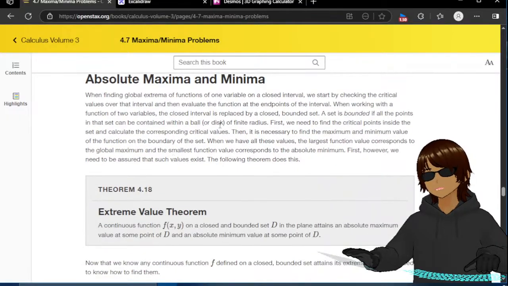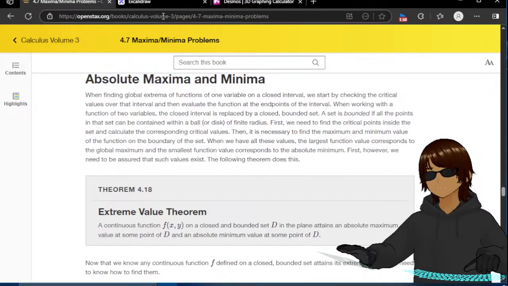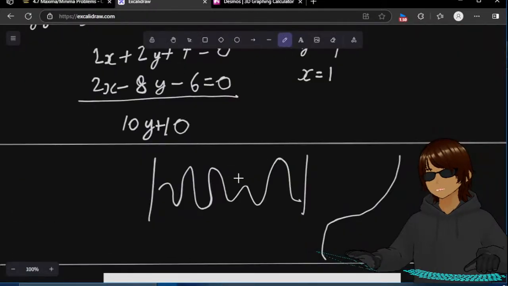When finding a global extrema of a function of one variable on a closed interval, we start by checking the critical values over that interval and then evaluate the function at the endpoints of the interval. Wait, hold on. Extrema is like any point where it's a maxima over a small interval, right?